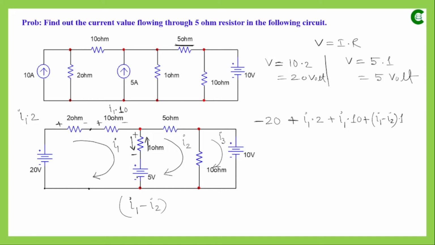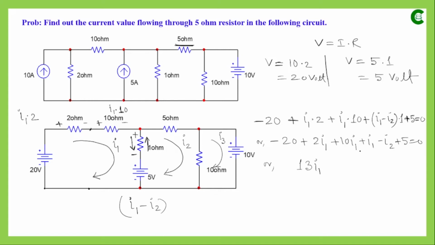Then the next element is the voltage source. Polarity is given, and we are traversing from the positive terminal to the negative terminal, so this time it will be plus 5. Then the algebraic sum of all these voltage values, as per KVL, will be equal to 0. So the equation we get is 10 plus 2 plus 1, so it will be 13 I1.